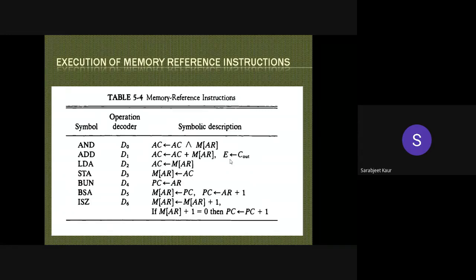We store that carry out in the extended bit, E. If there is a carry out, it will be 1. If there is no carry out, it will be 0. So whatever is the value of carry out, it is stored in the extended bit. Any problem up till here?